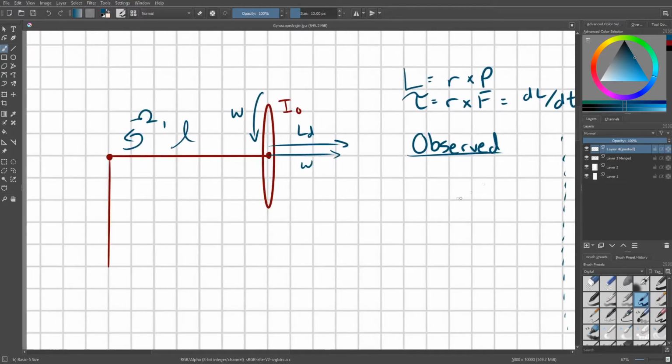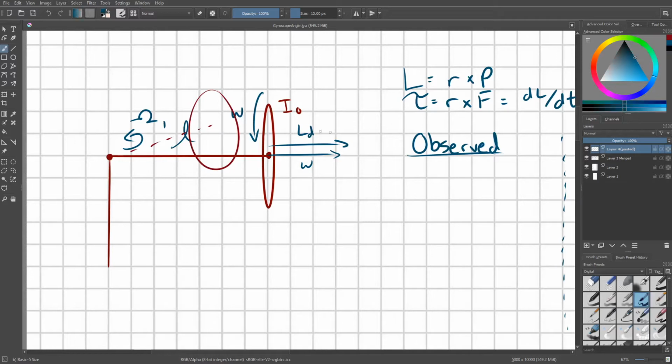So what we observe is that this L_D must be changing directions, right? So for instance, we know that this axle is rotating. So at some point in time in the future, this disk is going to be over here, inevitably.